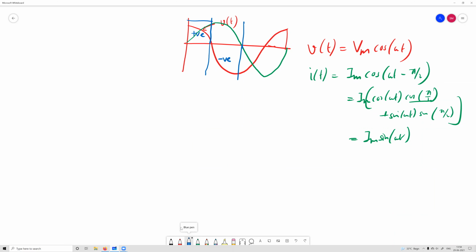Here to here the product is positive again, and here to here the product is negative. And if you see the positive areas and the negative areas, they are the same. As a result, the total power is 0 over one cycle. For some parts the power is absorbed, for some parts the power is dissipated, and the absorbed power and the dissipated power cancel each other. So the power dissipated is 0.